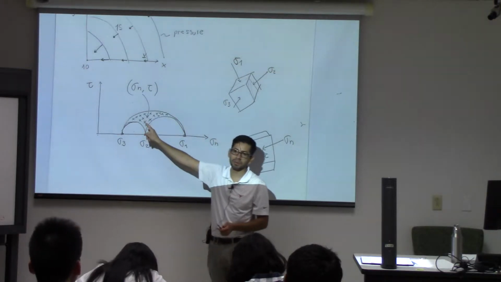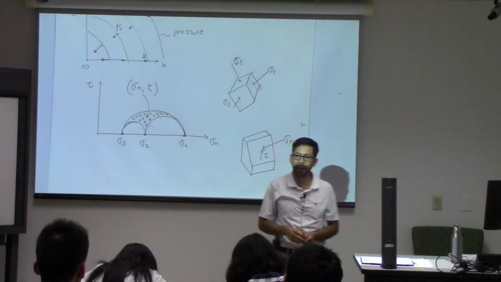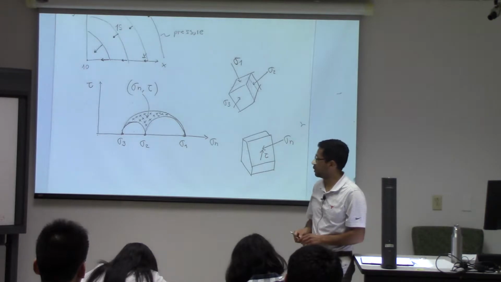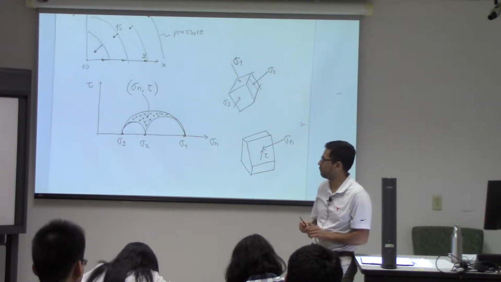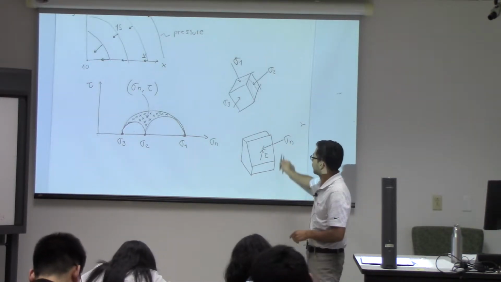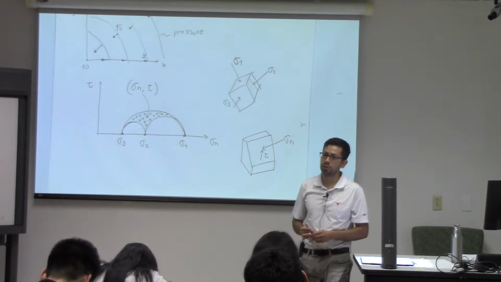And you don't have to know how to do it graphically, but you need to know how to do it with multiplication of a tensor times a vector normal to a surface.